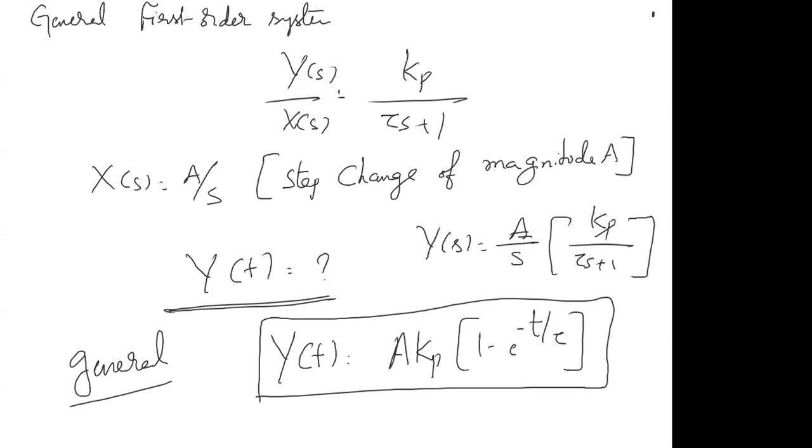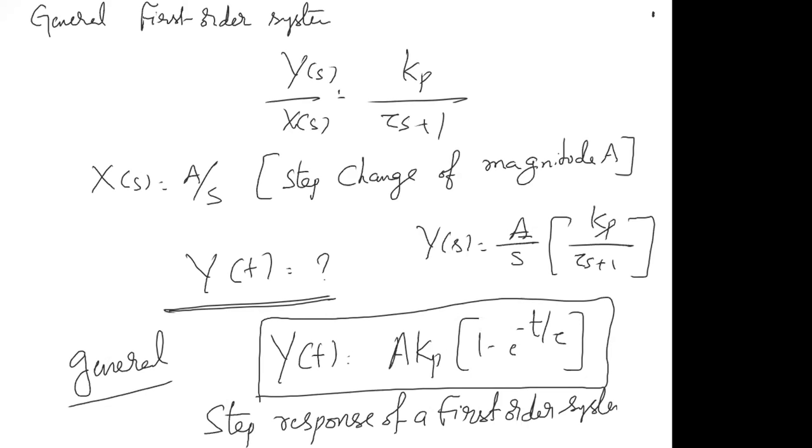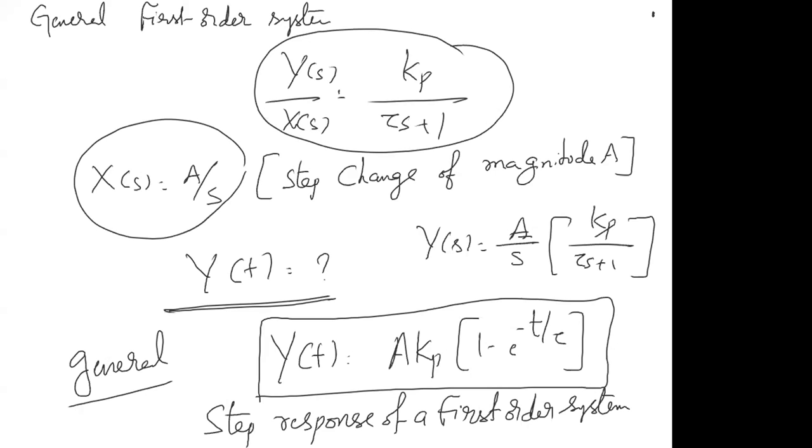This is called the step response of a first order system. Clear? So this is a first order system. You took a step input, then you found the response.